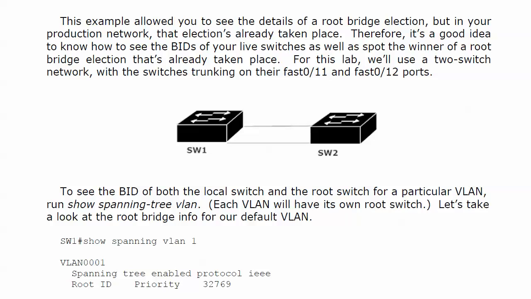So that's why I wanted to go through a walkthrough, and now we're going to go into a live lab with this. It's a good idea to know how to see the bids of your live switches as well as spot the winner of a root bridge election that's already taken place, and of course the loser.